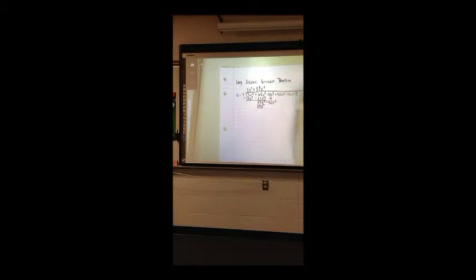Do the same thing, and then I multiply the negative 7 by the 89x cubed, which gives us the negative 623x cubed.